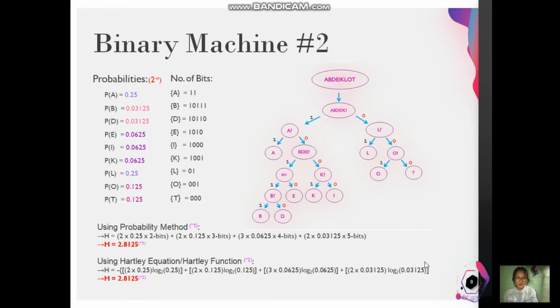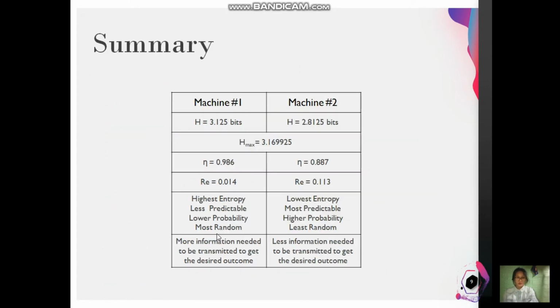Solving this, we have the answer of 2.8125, the same as the first method. Now, let's summarize. For machine number 1, our entropy is 3.125 bits. And for machine number 2, our entropy is 2.8125.